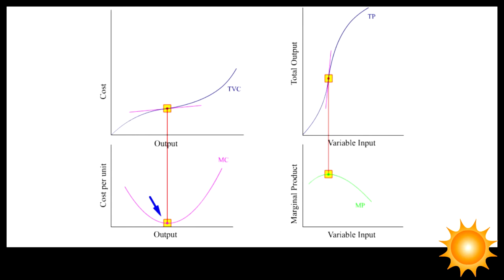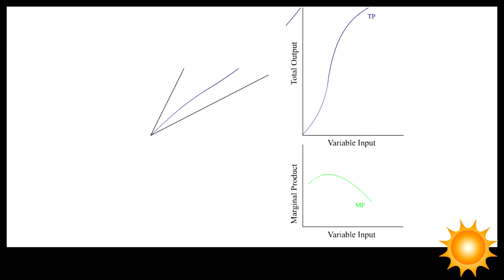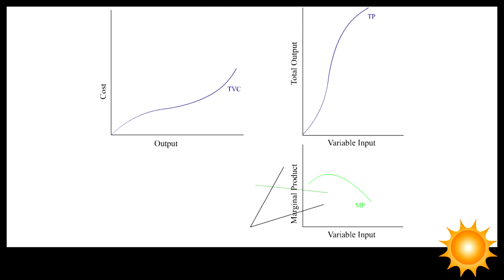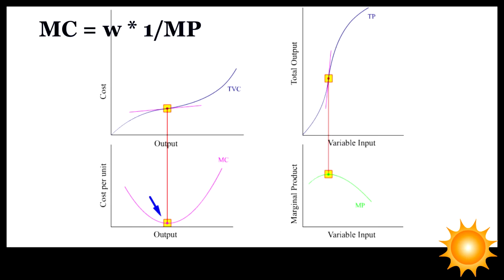These correspondences occurred because TVC is a mirror image of TP, and MC is equal to W times the reciprocal of MP, where W is equal to the constant unit cost of the variable input.